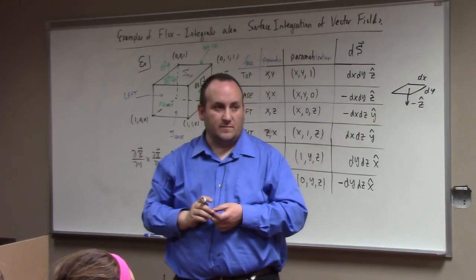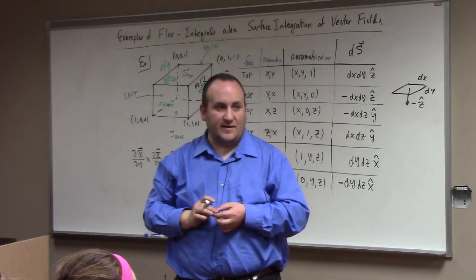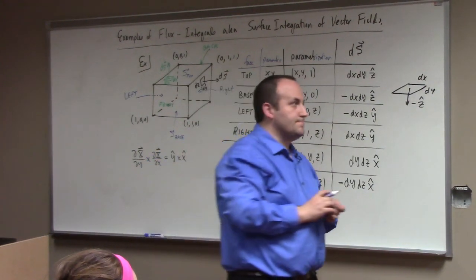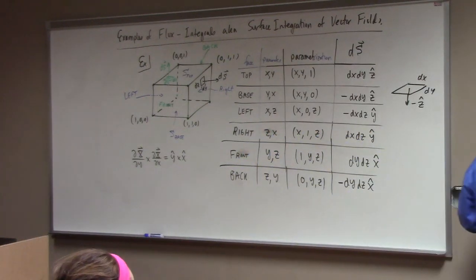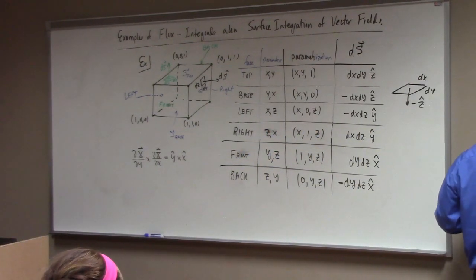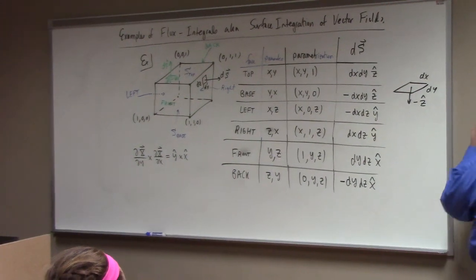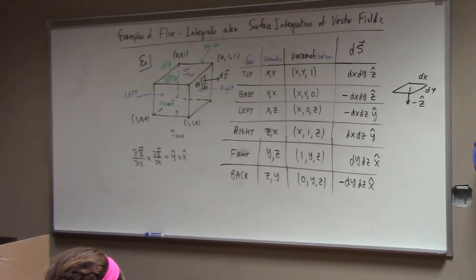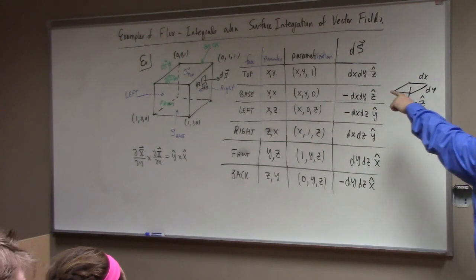In principle, the top, the bottom, the left, the right, the front, the back. All 6 faces can contribute flux. Let's work them out. So the integral over the top, right? So what do we have? What's our x squared for the top?